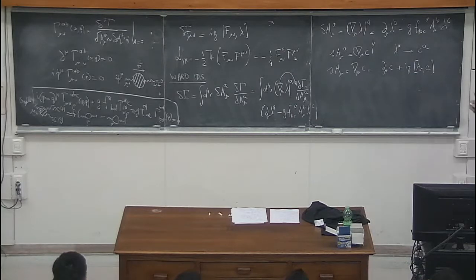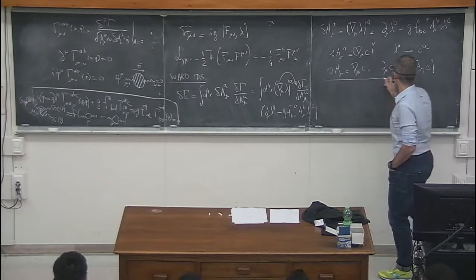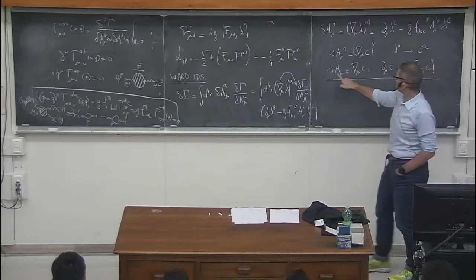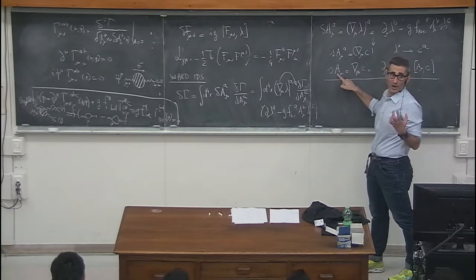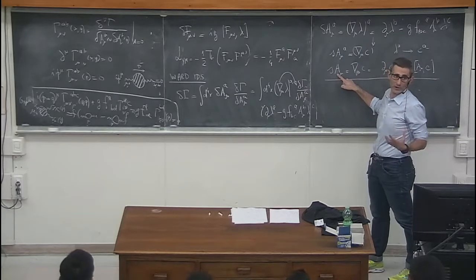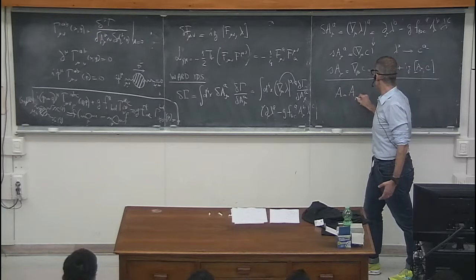Let me mention just one small thing. I'm not going to do the geometric counterpart of this, but A mu is actually just a component of a geometrical quantity called a connection. It is a one-form which has exactly those components.